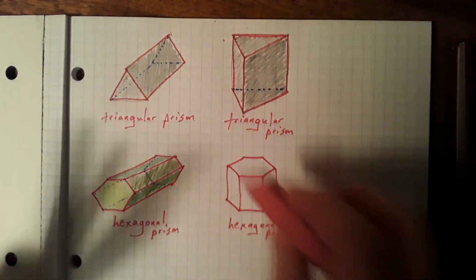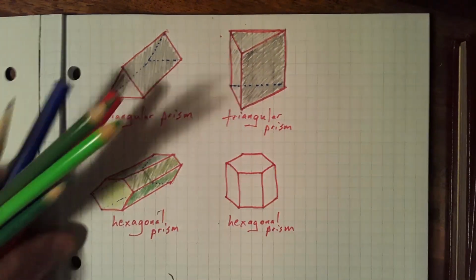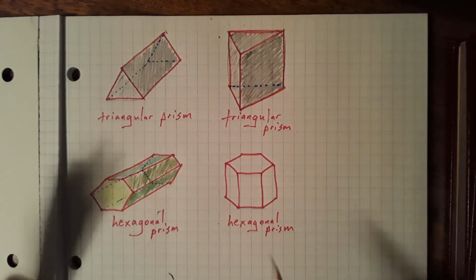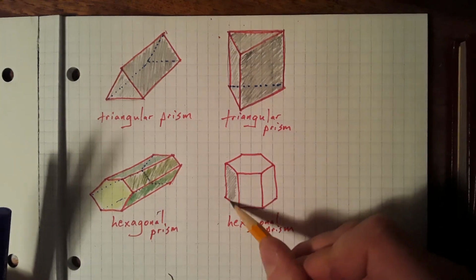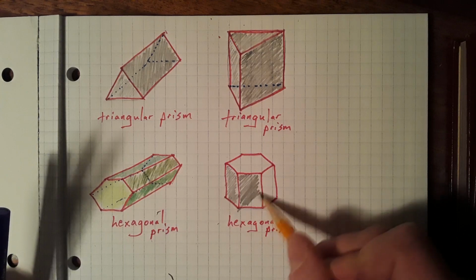Maybe I won't even have the dashed lines. This one has enough faces. I think you can really get a good sense of it without any dashed lines. Whereas the triangular prism, you really need them because it starts to get confusing. There are so few faces shown.